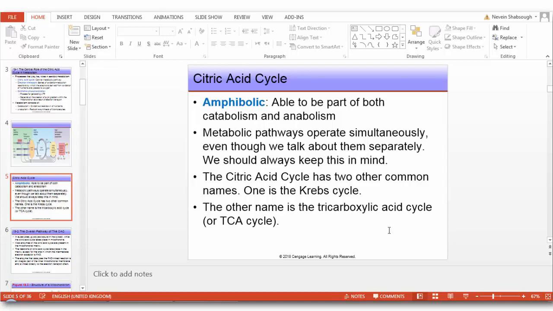The other name is the tricarboxylic acid cycle or TCA cycle, since some molecules involved in the cycle are acids with three carboxyl groups.